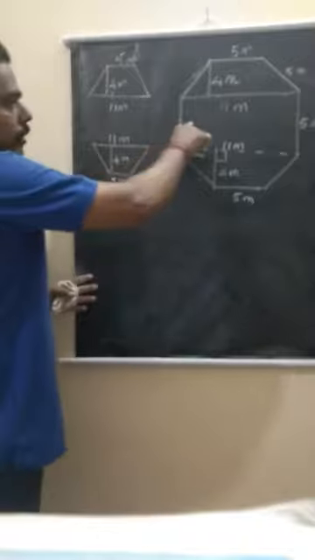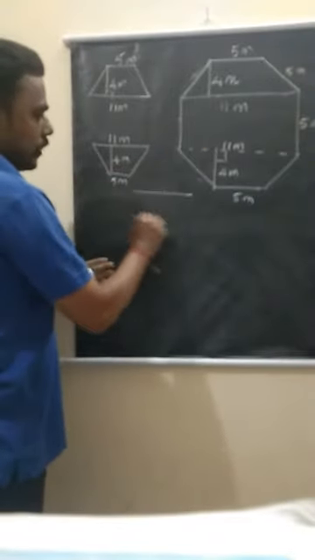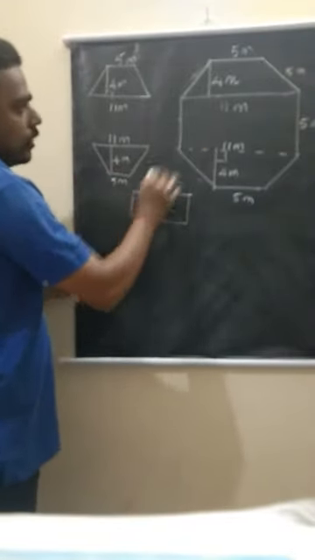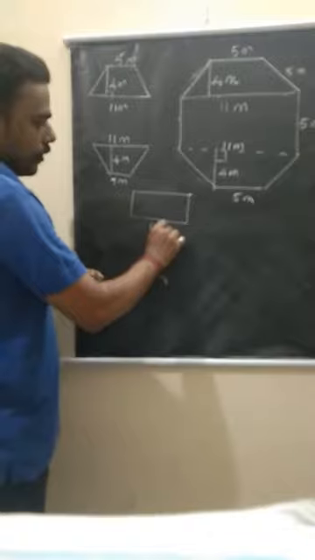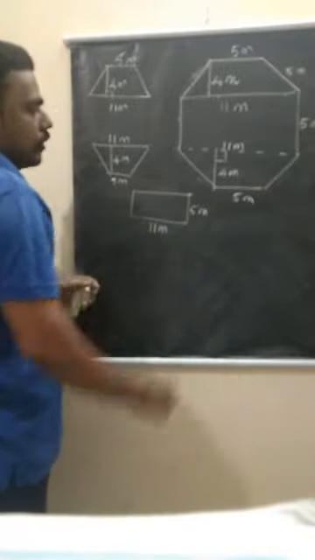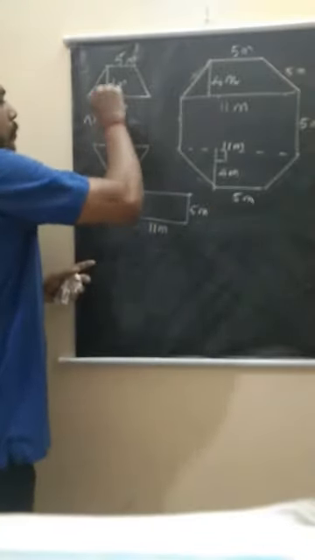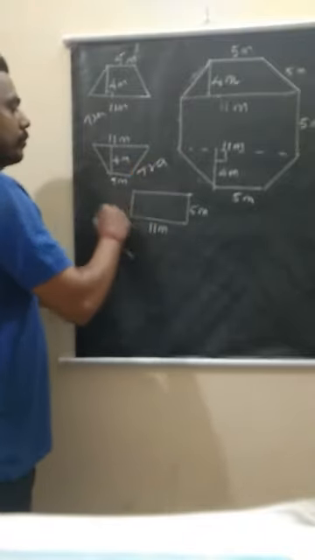And the middle part is a rectangle, because this is 11 meter and this is 5 meter. So trapezium, rectangle. Now we can find the answer.